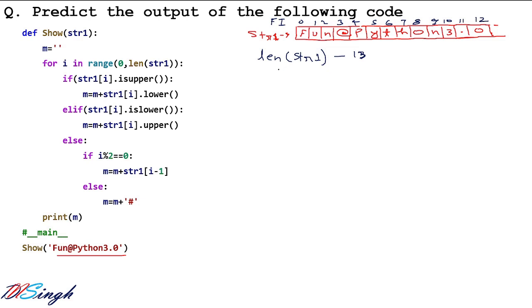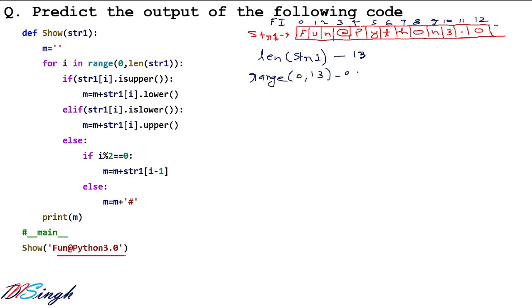Once we have computed length, let me put it in a range function so that we can get the output of the range function. So range function will start from 0 and go up to 12, because the last index is not included, that is the stop index, 13. By default the step value will be 1.